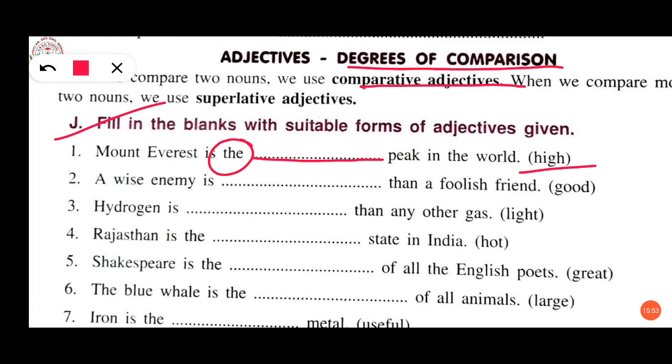Higher is the comparative one and highest is the superlative one. So the first one, Mount Everest is the highest peak in the world. Highest. Second one, a wise enemy is dash than a foolish friend.